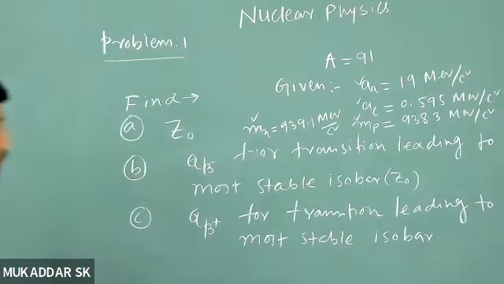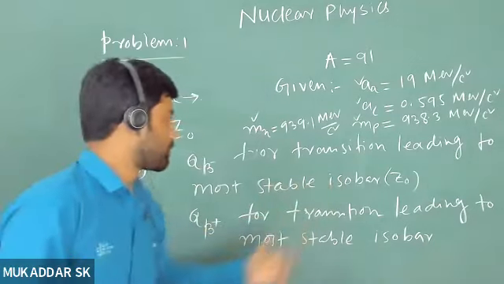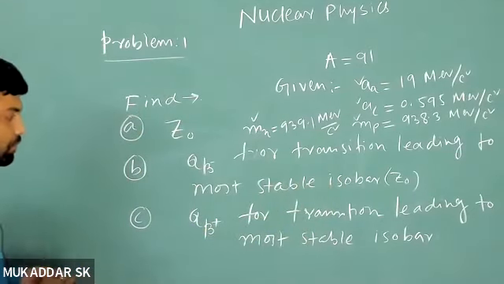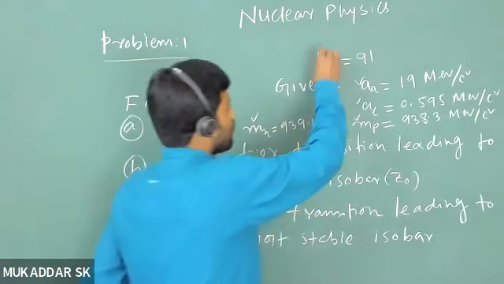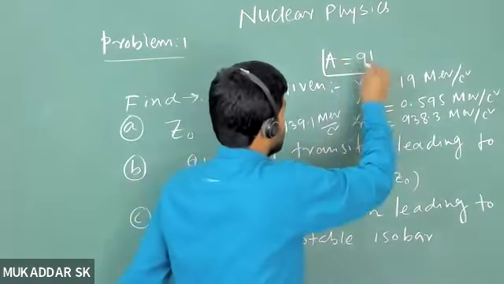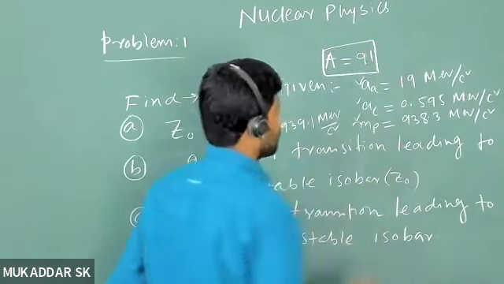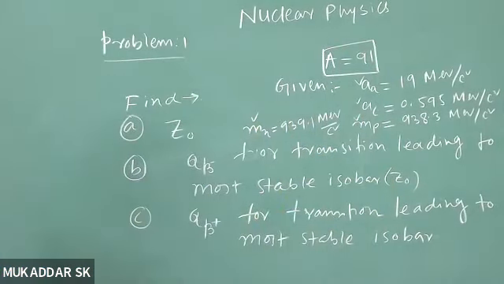But you try to think about this. Parent nuclei will be odd. Here the mass number is given as 91.